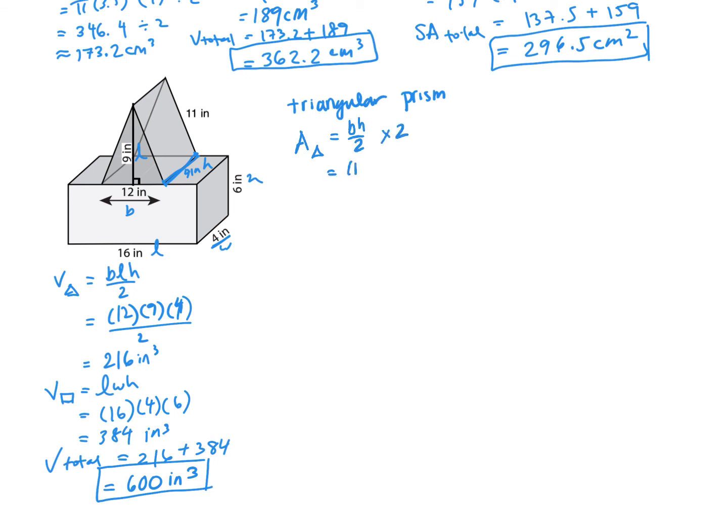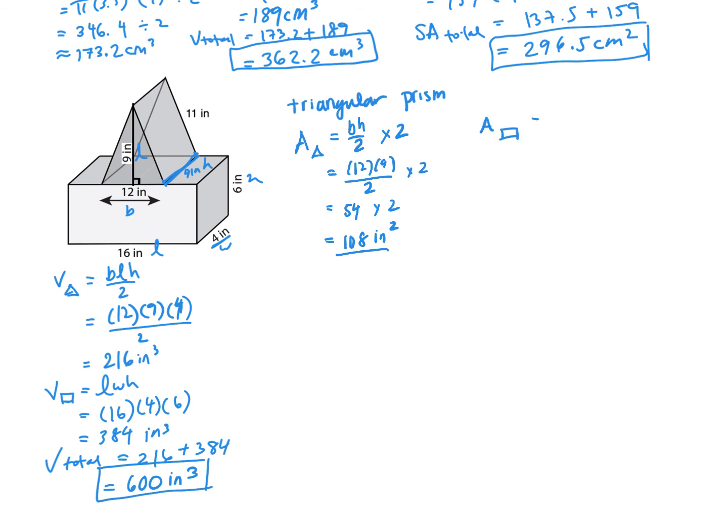So our base is still 12. The height of that actual triangle is the 9. So 12 times 9 divided by 2 is 54. And when we double it, that's 108 inches squared. So those are the 2 triangular faces.